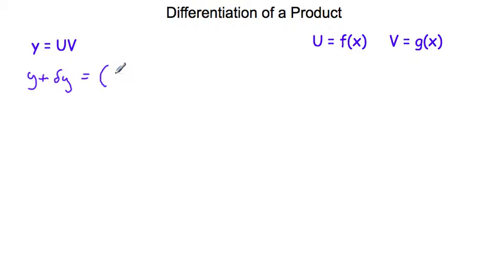And that will give us a new equation, y plus delta y is equal to (u plus delta u) multiplied by (v plus delta v).